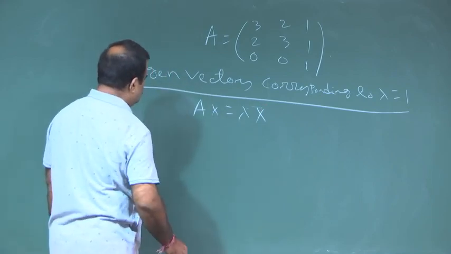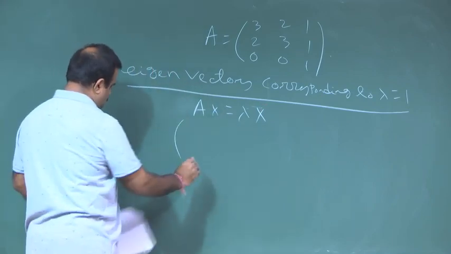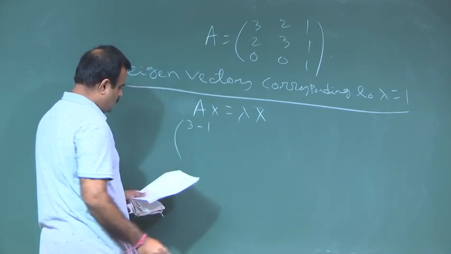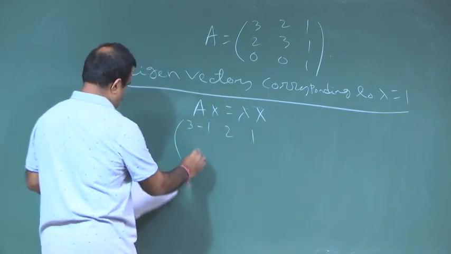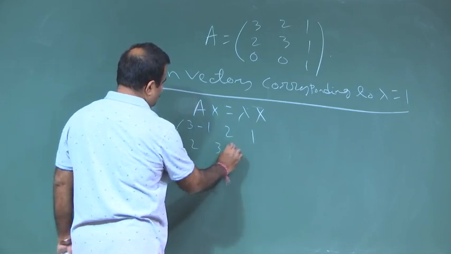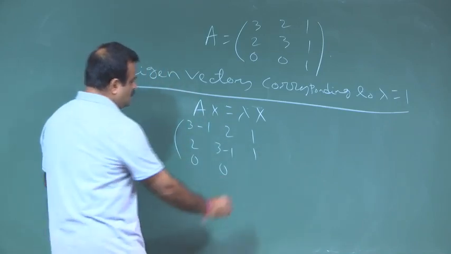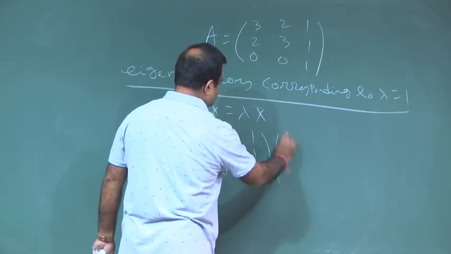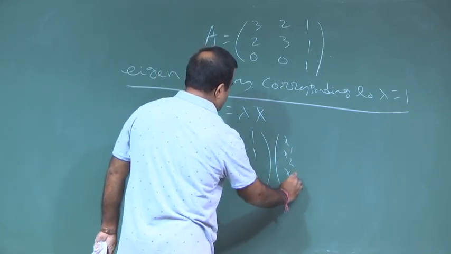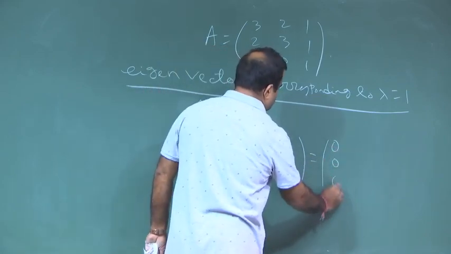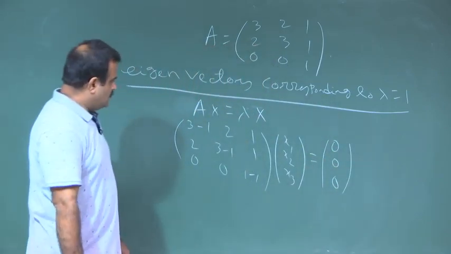Lambda is 1, so if we take this to one side, it will give us the matrix with rows 3 minus 1, 1, 2; 1, 2, 3 minus 1, 1; 0, 0, 1 minus 1, and x is x 1, x 2, x 3, equal to 0, 0, 0.